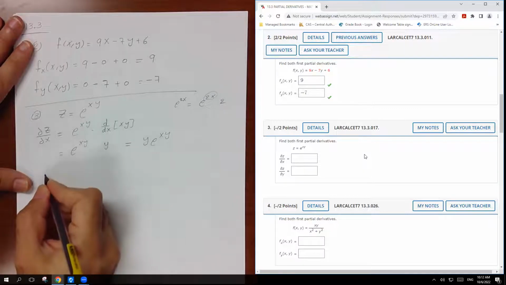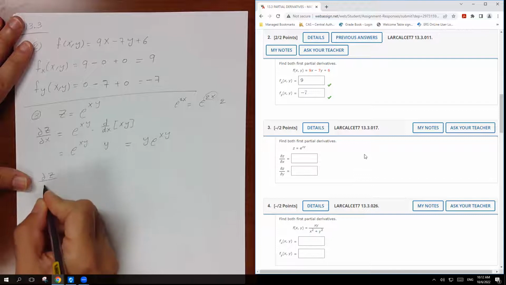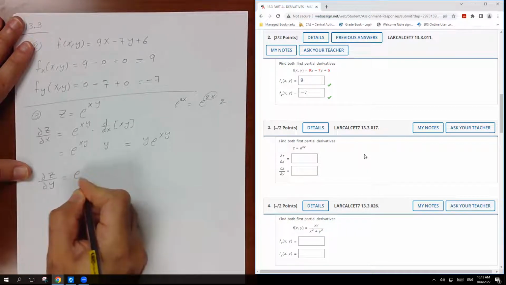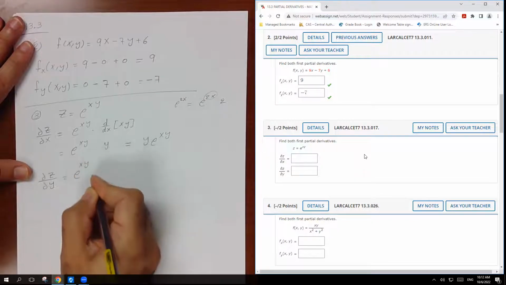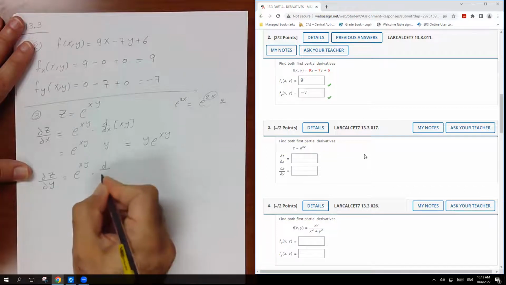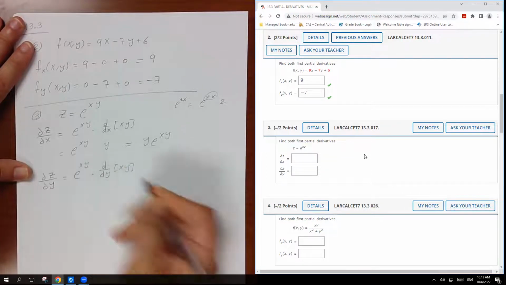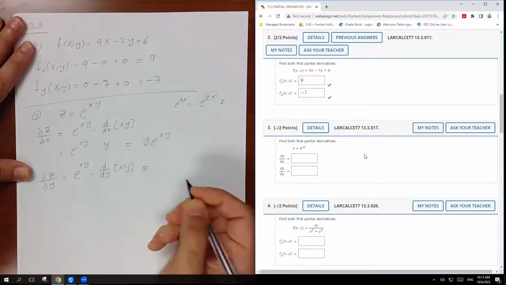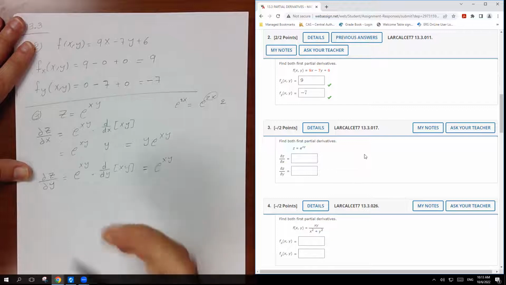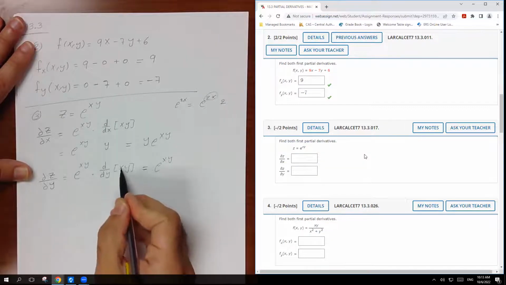For the second one, to find the partial derivative of z with respect to the y, here is the same function times the derivative of the exponent, d with respect to the y of xy. So it's going to be the function times the derivative of xy with respect to the y. That means x is the constant.